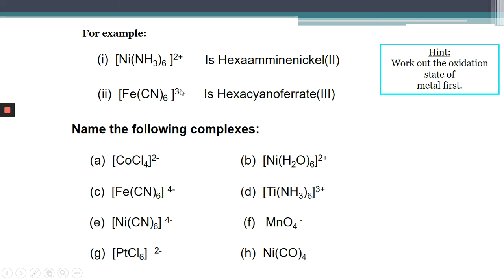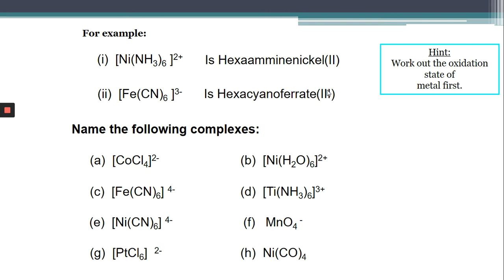Ferrate, it's a negative ion, so we need to change the end of iron to -ate. But we also have to remember that fer is used, the Latin name's used rather than iron. They're -1, so 6 times -1 gives me -6. Iron plus 6 minus gives me 3 minus. Take my 6 minus to the other side, gives me 3 positive. Therefore, the oxidation number, their oxidation state, is 3.